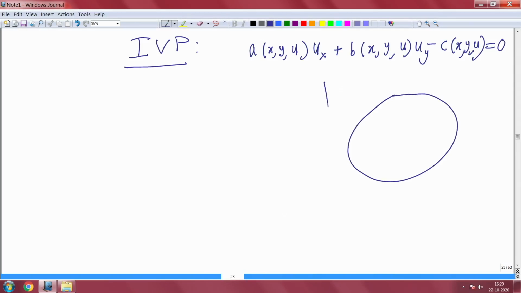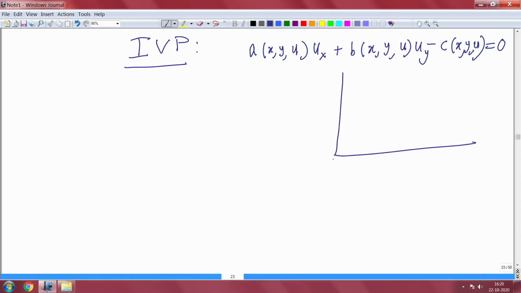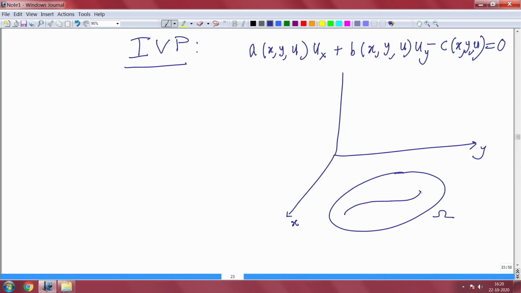in a 2-dimensional domain. Okay, so this is not what I want to do. You have your 2-dimensional domain here, omega, this is your x, this is your y, and then you have an initial curve. So the initial curve gamma naught, you have to understand the data.